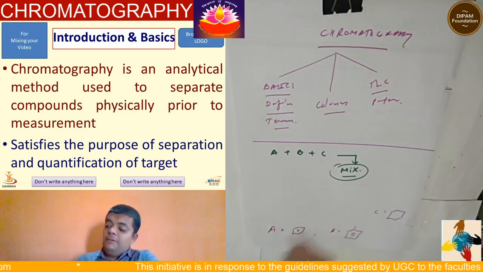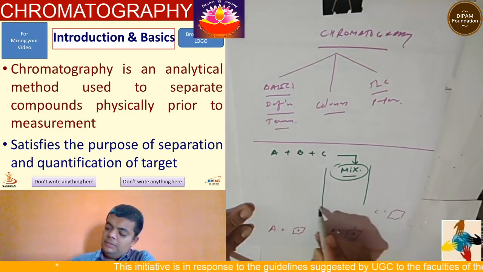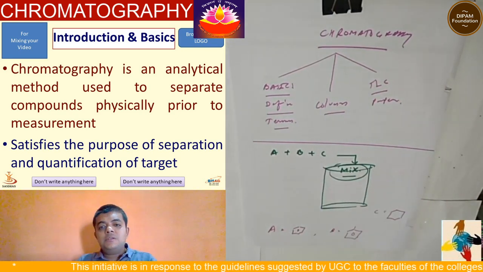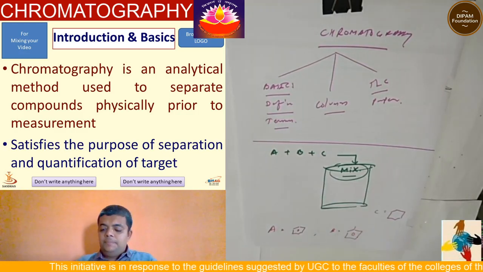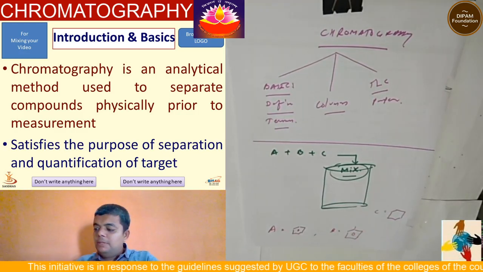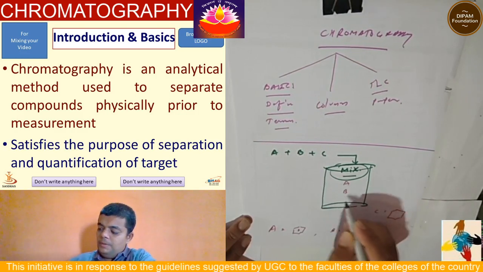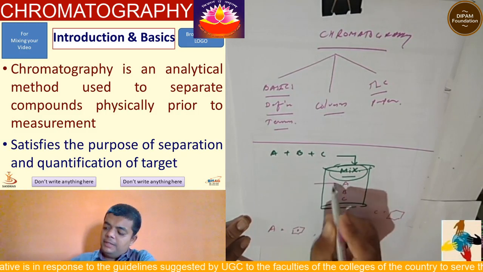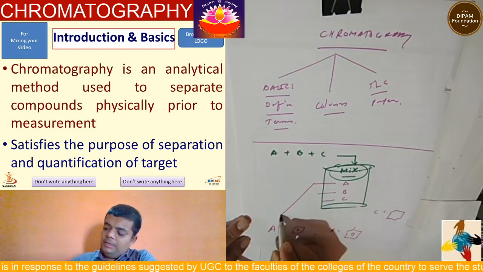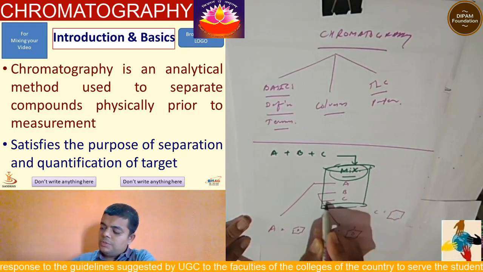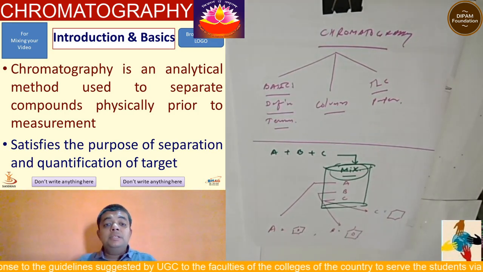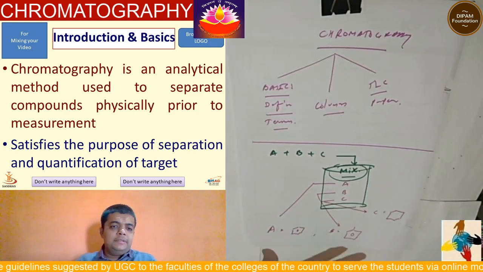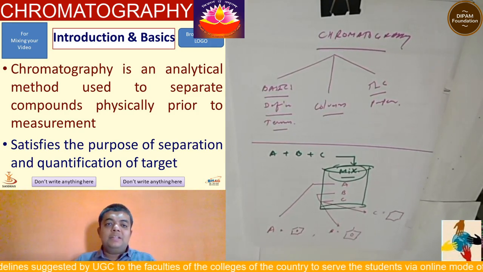But if a separation is undertaken at some instance or other, the person involved would be able to separate the mixture A, B, and C. And once separated, he would be able to reach a conclusion that A would be this, B would be this, and C would be this. That is, respectively in this example, benzene, toluene, and cyclohexane.